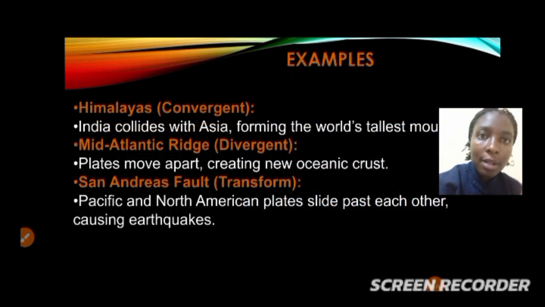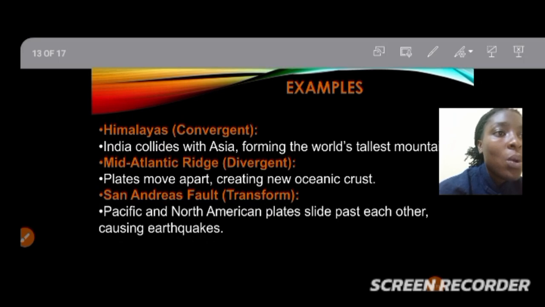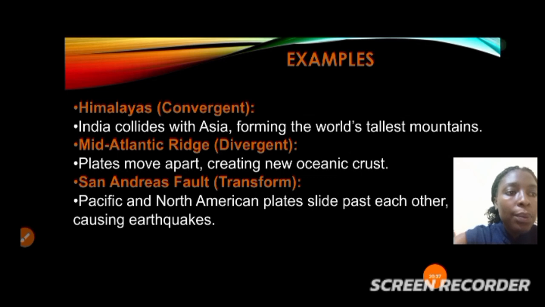Other examples, we have said the Himalayas. We have examples of those tectonic plates, which are the results of these tectonic plate movements. Talked of the Himalayas, which is formed through the convectional current. This is due to the collision of the Indian and the Asian plates, forming the world's tallest mountain, the Himalayas.